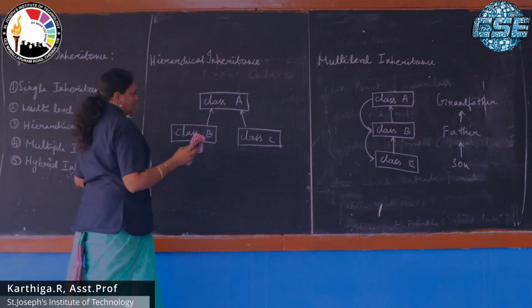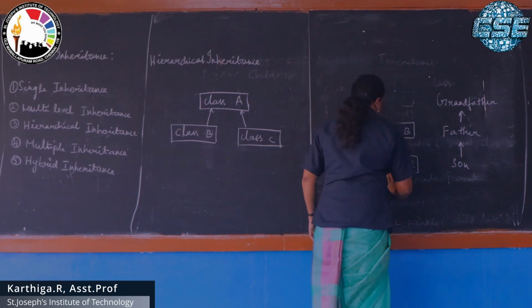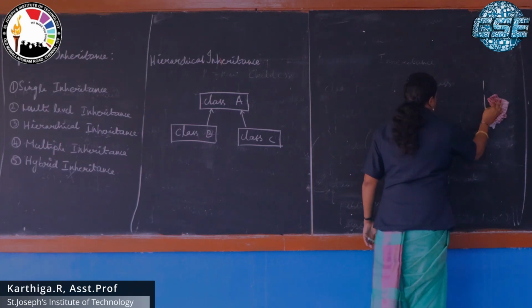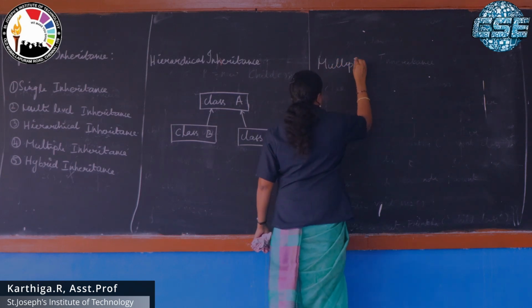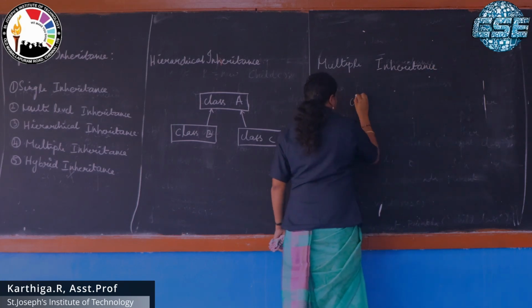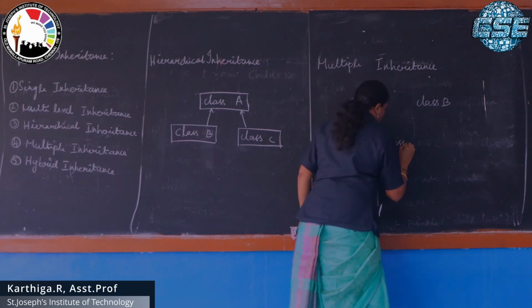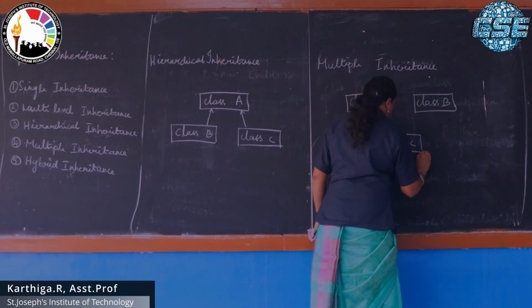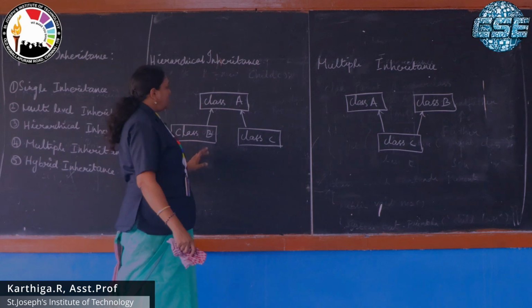Next, multiple inheritance. Okay. Multiple inheritance is the opposite of hierarchical inheritance.